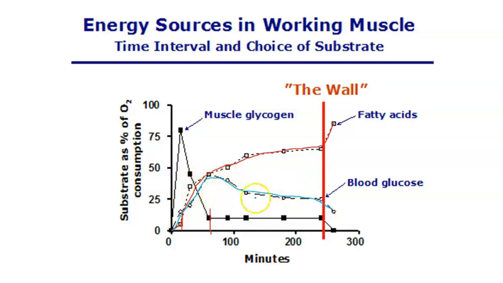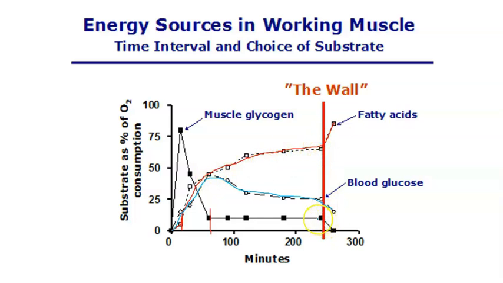But our body tries to keep these pretty regulated. When most of our muscle glycogen is gone, the energy is actually coming from our fat after about 60 minutes or so, and that's what provides a majority of our energy after that.